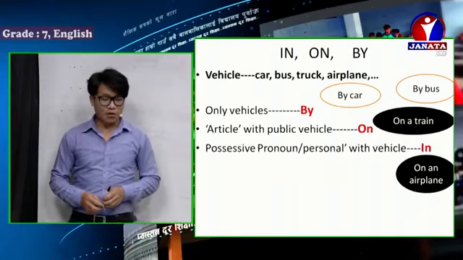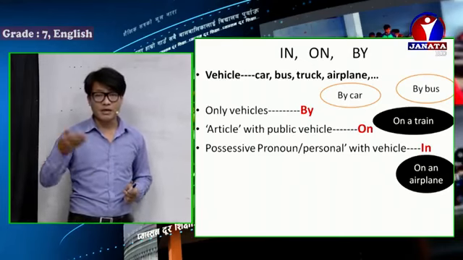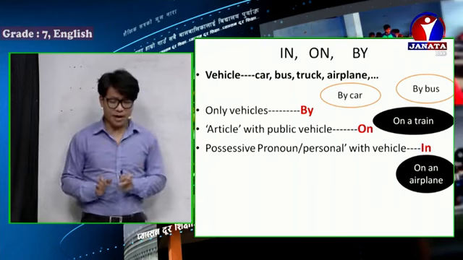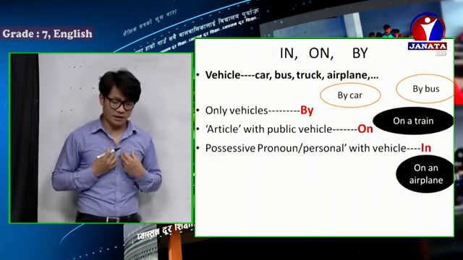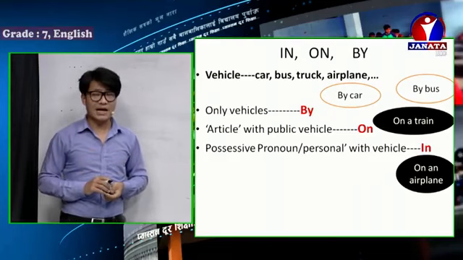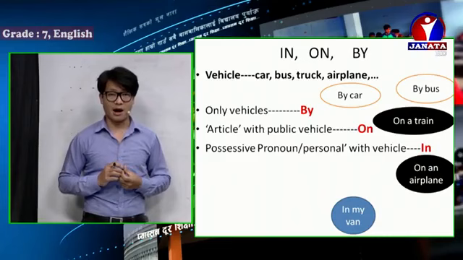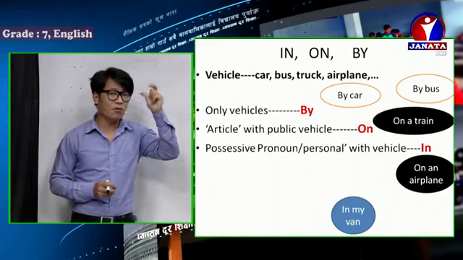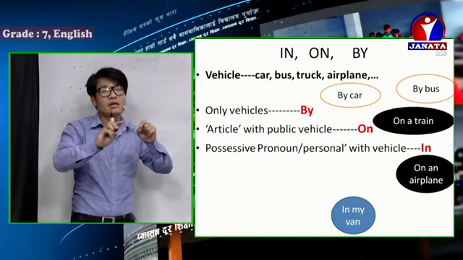Next is the possessive pronoun. Possessive pronoun means like my, her, his, their, our. With a possessive pronoun, or when that vehicle is a personal vehicle, then we use in. Like in my car. Before car there is my, and my is a possessive pronoun, and it shows that the car is a personal vehicle.